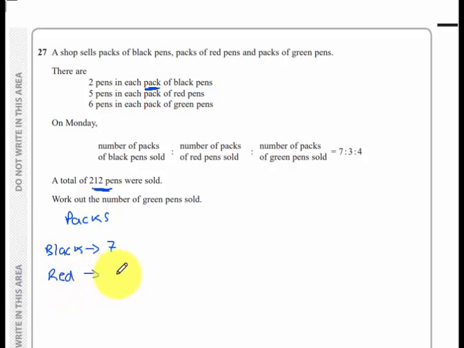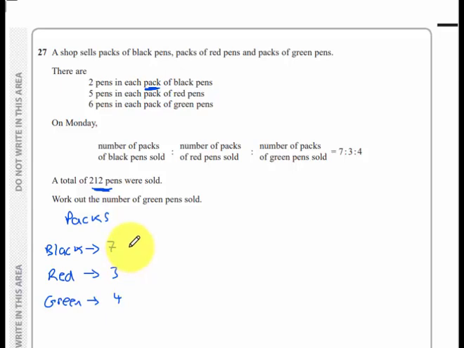Red 3 and green 4. So we know the number of packs sold were in the ratio 7:3:4. Now that could have meant 7 black packs were sold. It could have meant 14 were sold and 6 red and so on.